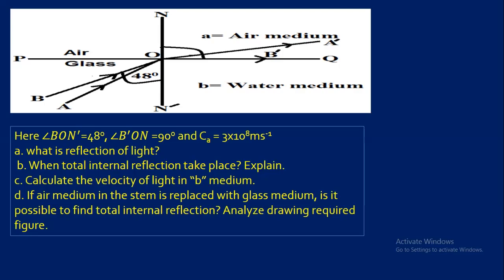But if we put the denser medium on the upper side of the water, then the light ray doesn't come from denser medium to rarer medium; rather it comes from rarer medium to denser medium. That's why the condition for total internal reflection will not happen if we put glass medium instead of air medium.